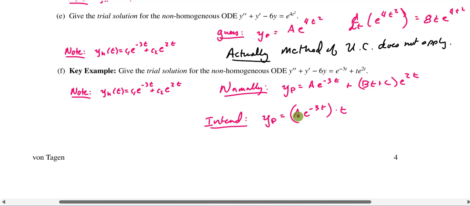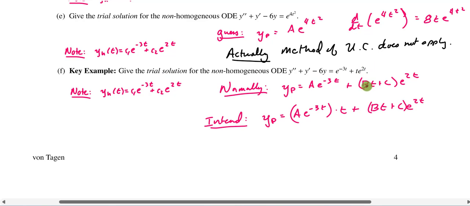Now notice that when I do this, this gives me an Ate^(-3t). That shows up nowhere in my homogeneous family of solutions. Likewise, here, this part, Bte^(2t), does not show up in my homogeneous family of solutions.